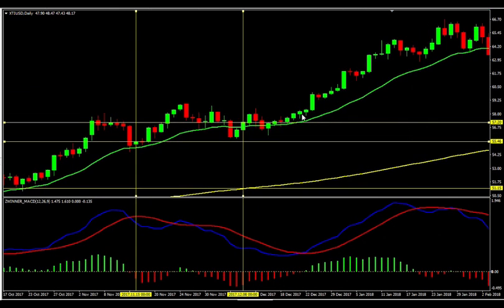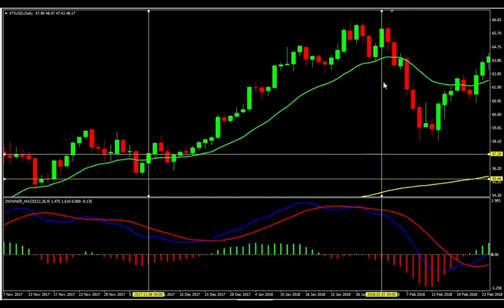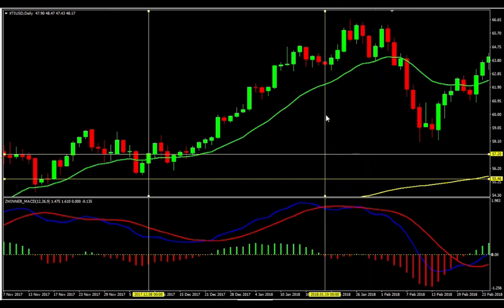So the market is going up. As long as it's above the 20 period moving average, we are not worried. And then it starts coming back down here below the 20 period moving average. You can exit at different points. You have one point here to exit.